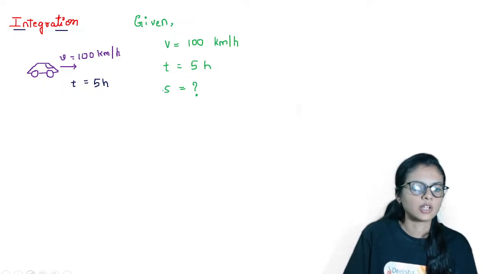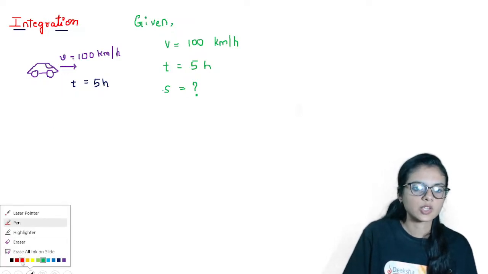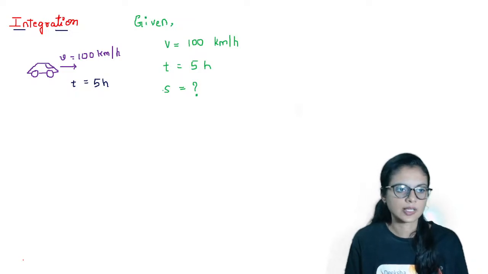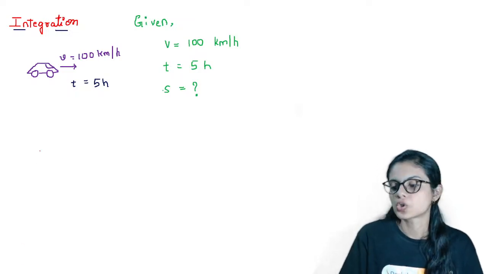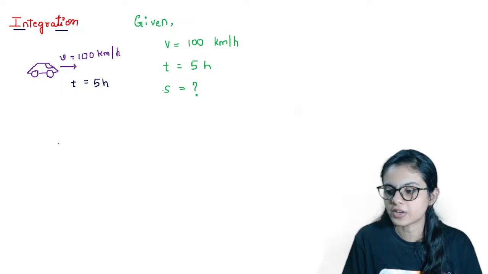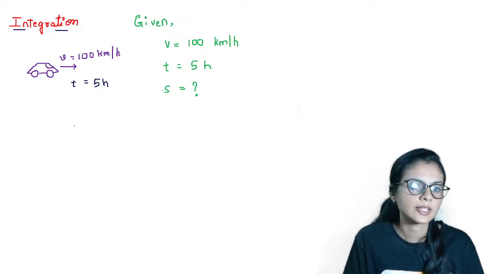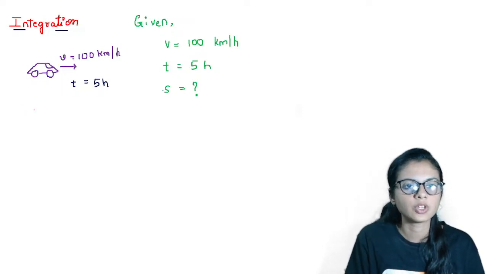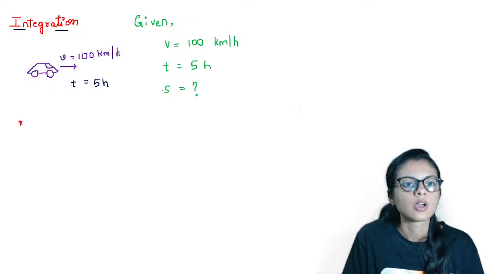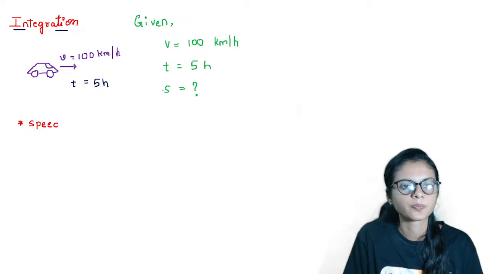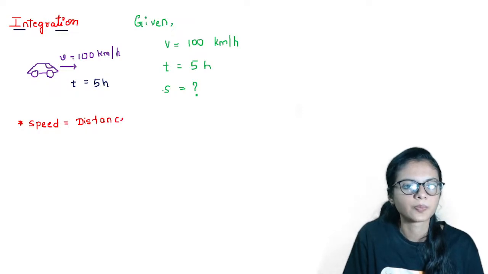Clear? Now how to solve this? With the basic things which you have studied in your ninth physics. We know the formula of velocity or speed. Speed is equal to distance by time. Again, the old formula, right? Distance by time.